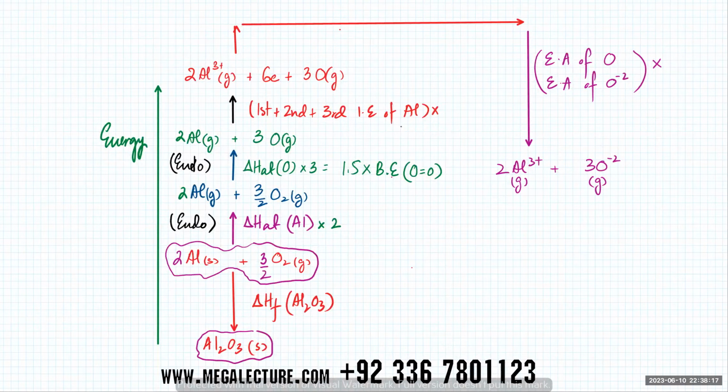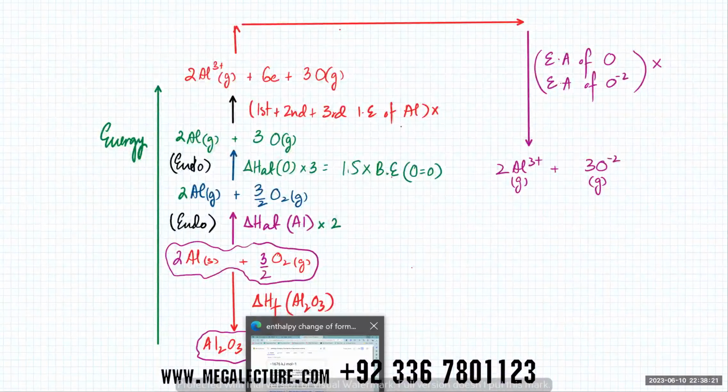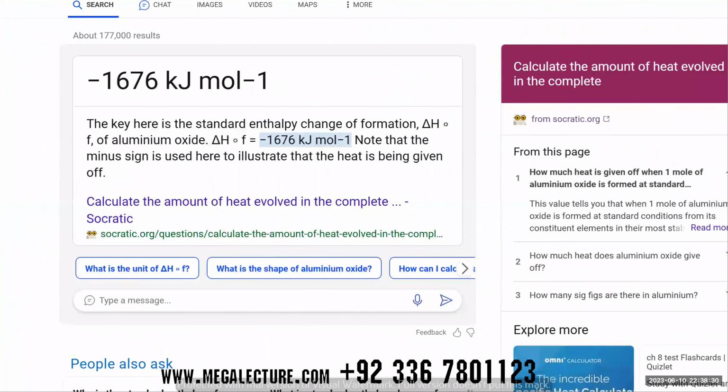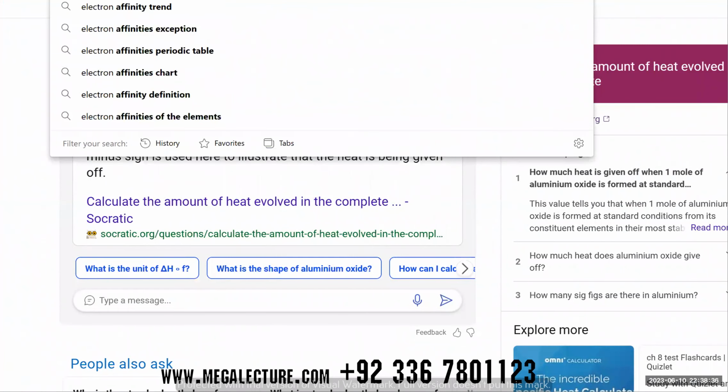And we can actually check whether it's exothermic or not. I told you about electron affinity, the first one is always exo, the rest are all endo. So if I look at electron affinity, this data would be given to you.